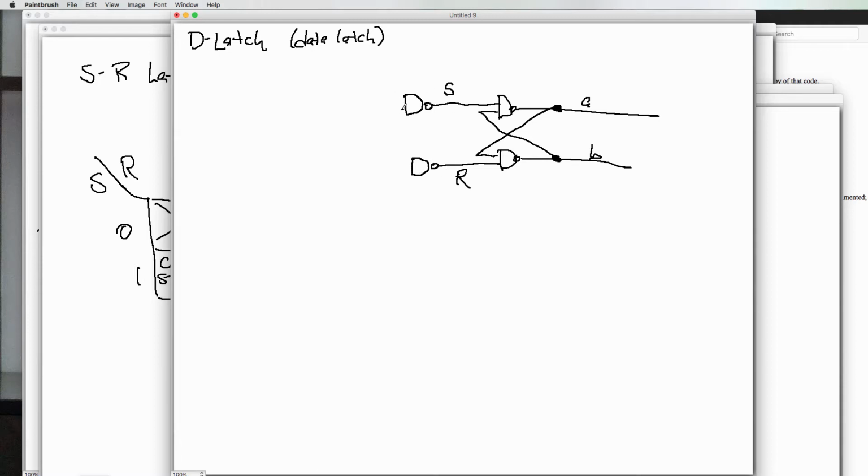And I am going to have something over here, and this is going to be called WE. I'll tell you what that stands for in a little bit. And over here there's going to be something that I'm going to call D. D will go right into there, and I'll come over here, and here I'll invert it.